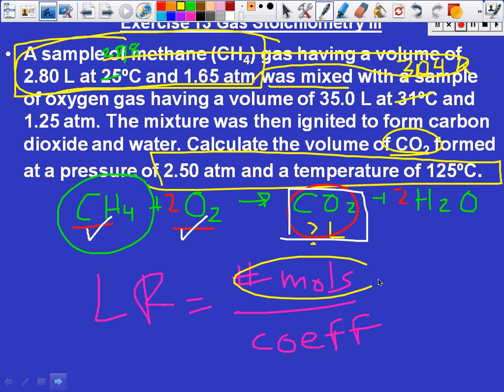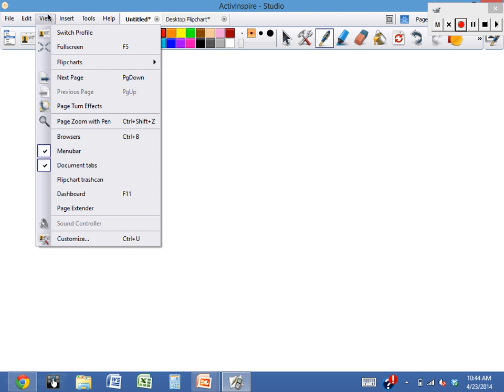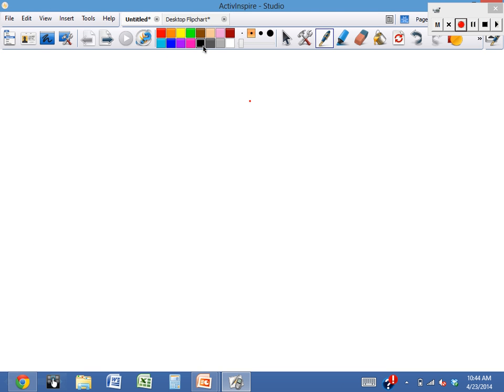That's going to give you your moles. And then take the information they gave you about oxygen, plug that into PV=nRT and solve for n, and that's going to give you your number of moles. That's where I'm going to go ahead and jump in right here.